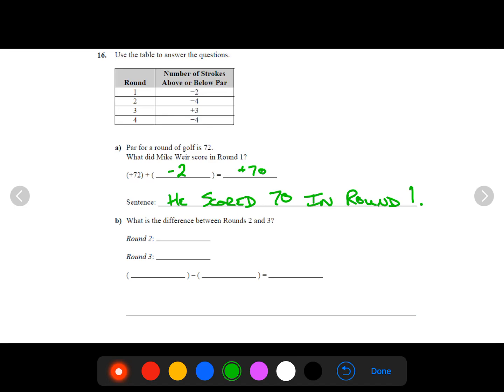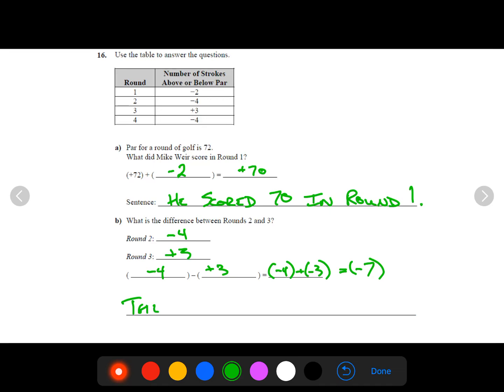What is the difference between round 2 and round 3? Well, round 2 was negative 4. Round 3 is positive 3. We can take the negative 4 and subtract positive 3, which is the same as negative 4 plus negative 3, which is equal to negative 7.